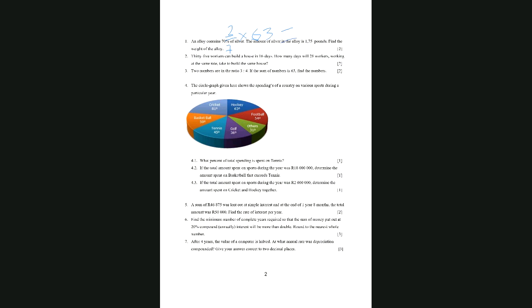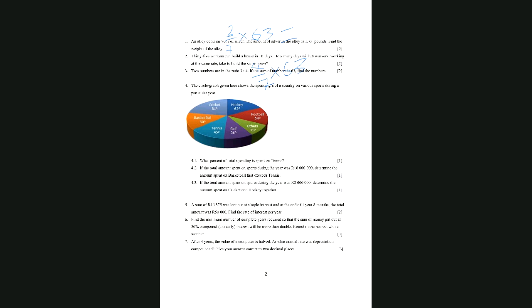The second one will be 4 over 7 times 63. Then we get our answer. Is that fine? Yes, it is. It's fine. Okay, good, sir. Now let's look at the next one.